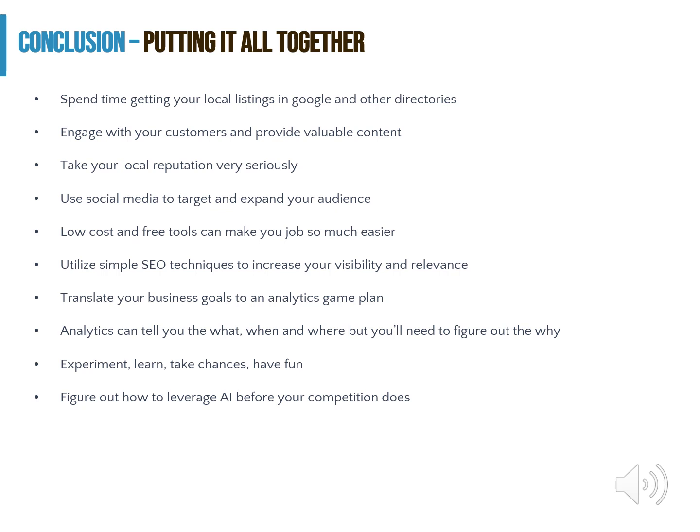And then lastly here, figure out how to leverage AI before your competition does. We didn't talk about this earlier, but I want to talk about it now. ChatGPT, Google Bard, and all of the other tools and models that are either out there now in the marketplace or have been built since this recording was made are incredibly powerful.